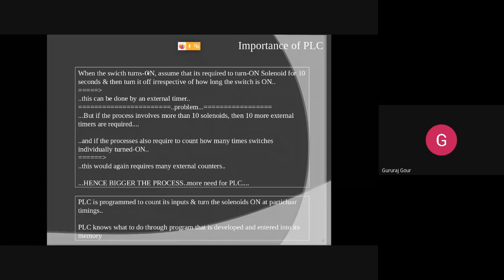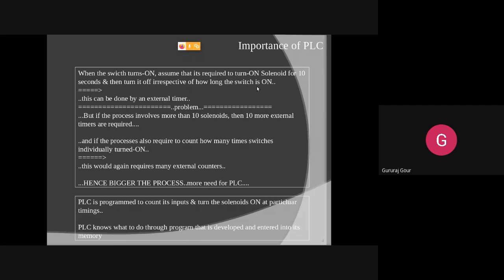We have one switch, I'll just simply turn it on, and with the turning on of the switch, our solenoid will turn on. But I will not turn off the switch manually. After 10 seconds, the solenoid should automatically turn off. I will turn on the switch only once.